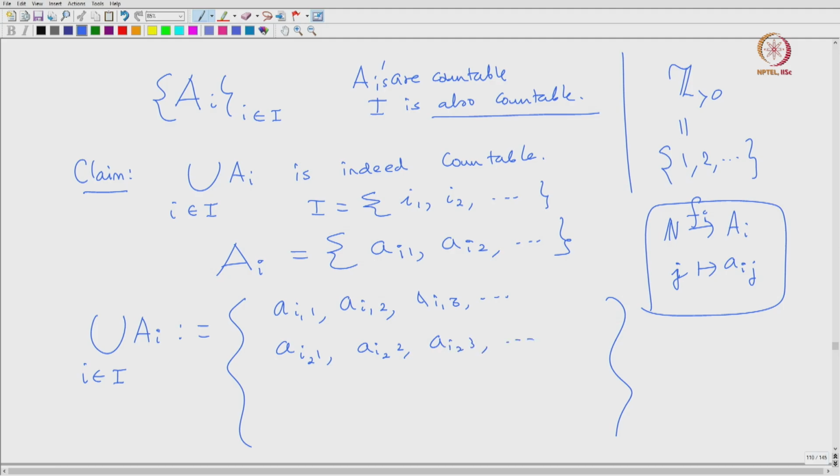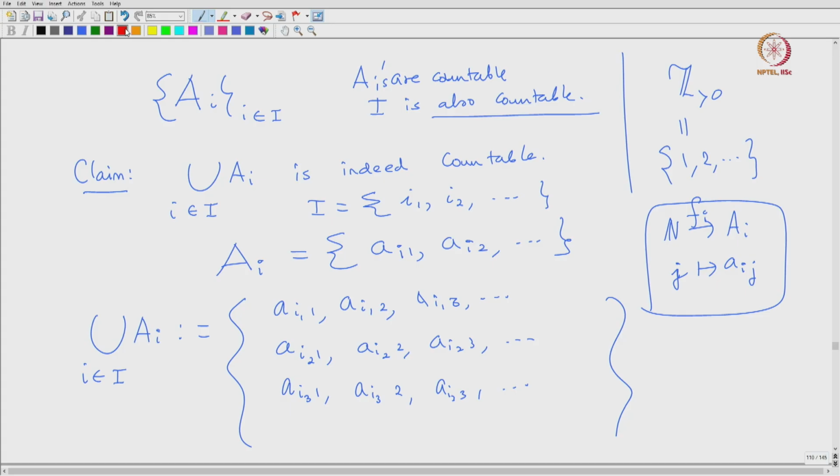It is the same diagonalization technique that I am using, but I am doing it in the sets. So, AI31, AI32, etc. This is how I list. Some of the elements could be repeated, but I do not care.